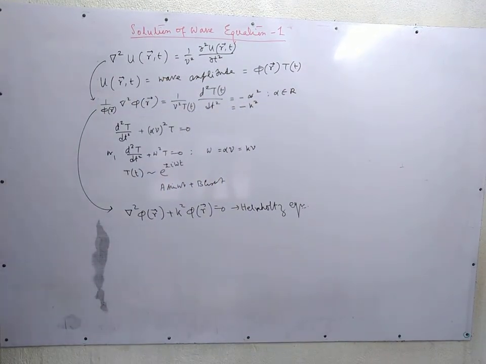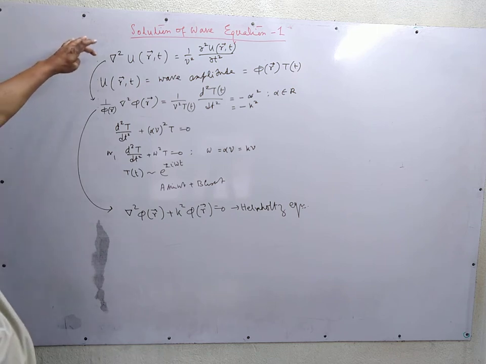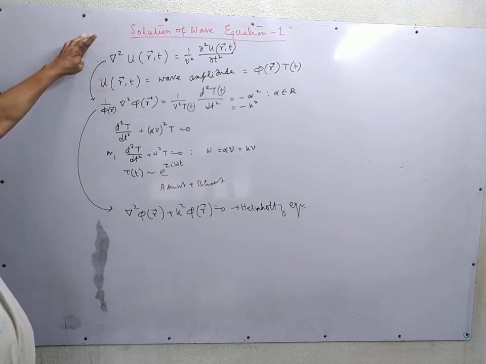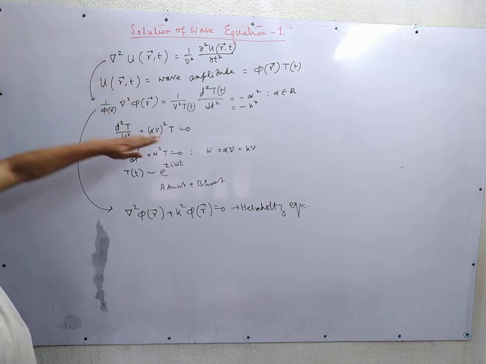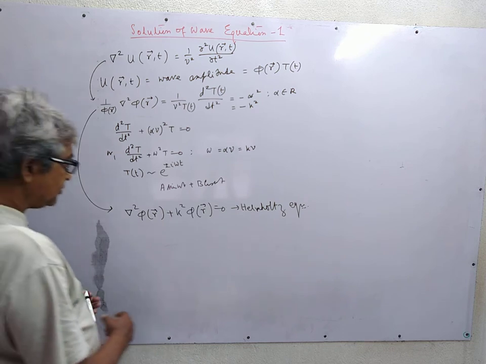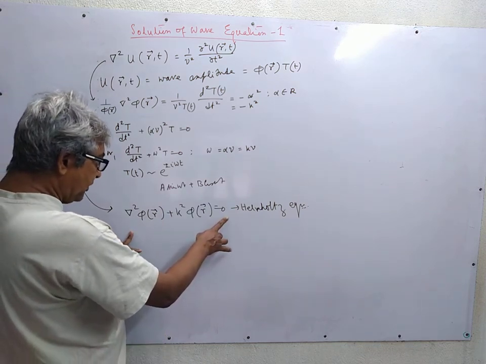So we see that if we want to solve the partial wave equation, then if we demand that the wave amplitude must be periodic in time, then the time part has the same behavior for all the waves, while the space part reduces to the solution of Helmholtz equation.